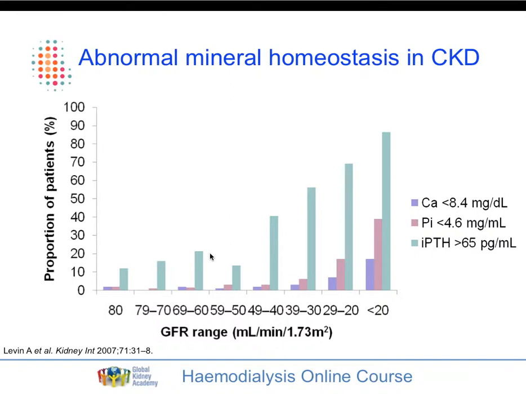Because high levels of parathyroid hormone maintain the serum phosphate, the serum phosphorus on the whole tends to be pretty well preserved until relatively late, here in red. And the serum calcium, again, because PTH mobilizes calcium from the bone, is relatively well maintained in most patients, even in advanced CKD.